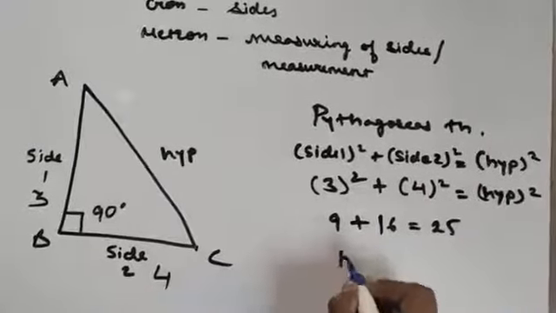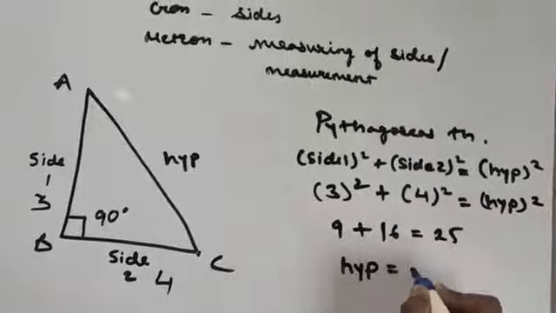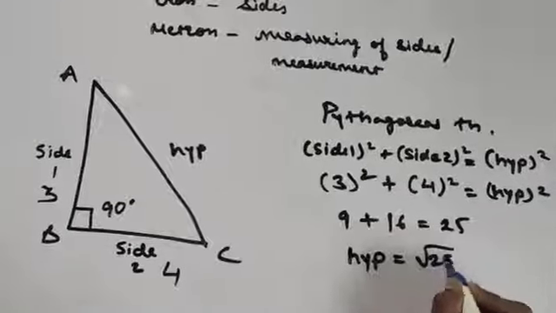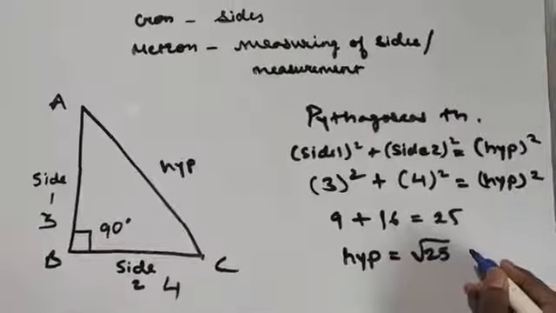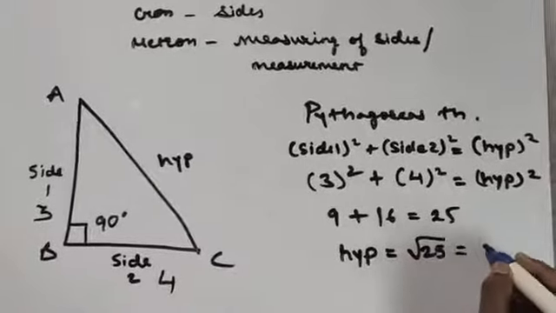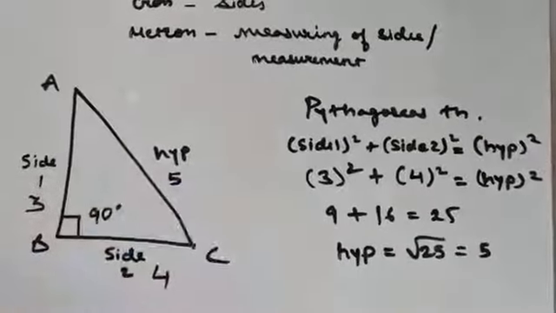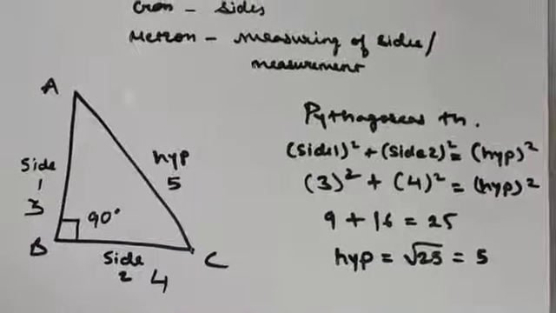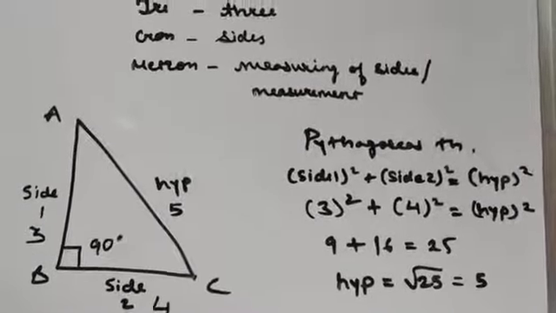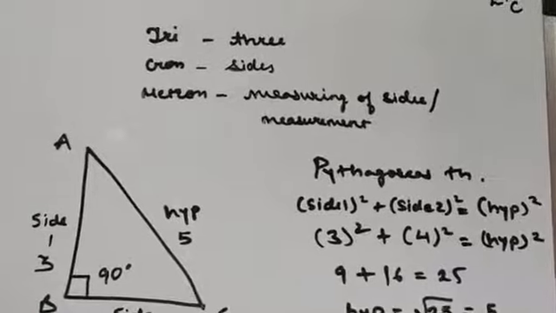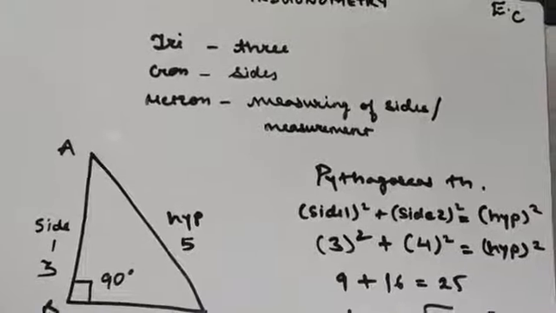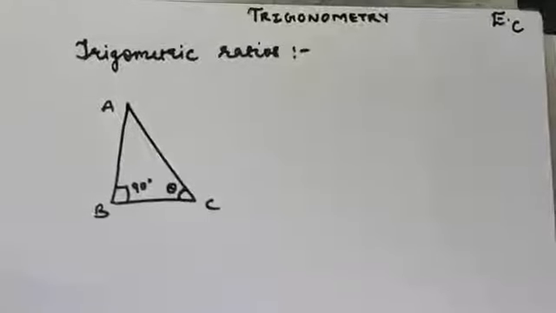Okay, so hypotenuse will be root of 25, isn't it? So hypotenuse will be 5. Understood the Pythagoras theorem?